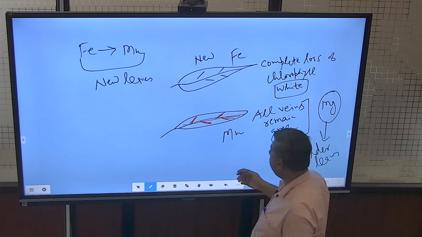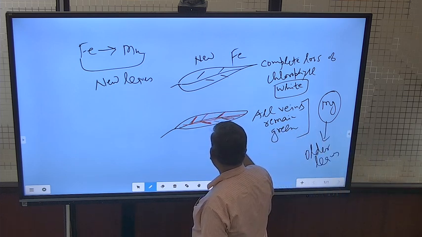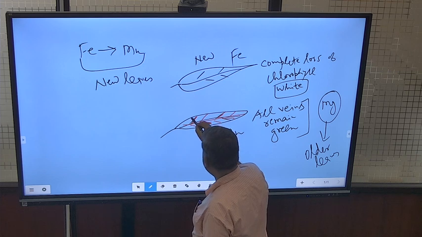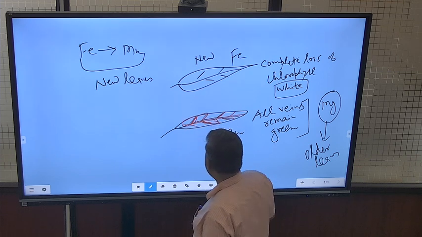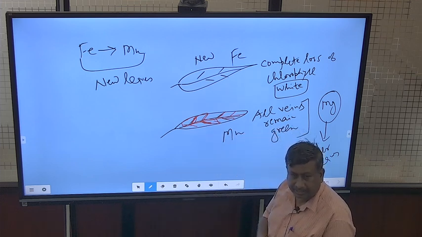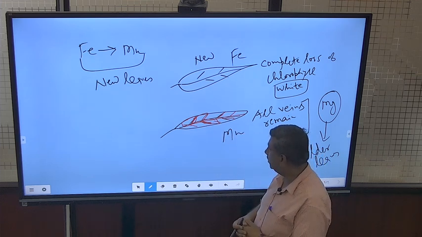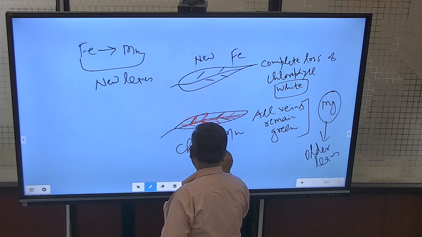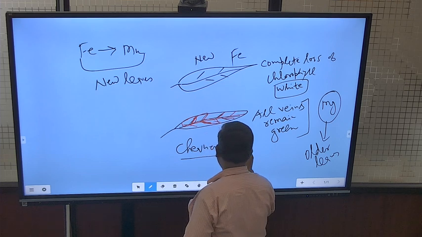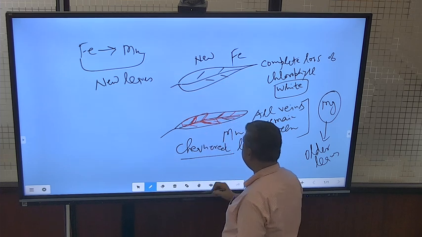The leaves are green, and a checkered pattern according to the veins is developed. So, a checkered figure is observed. The checkered leaf is the deficiency symptom of manganese.